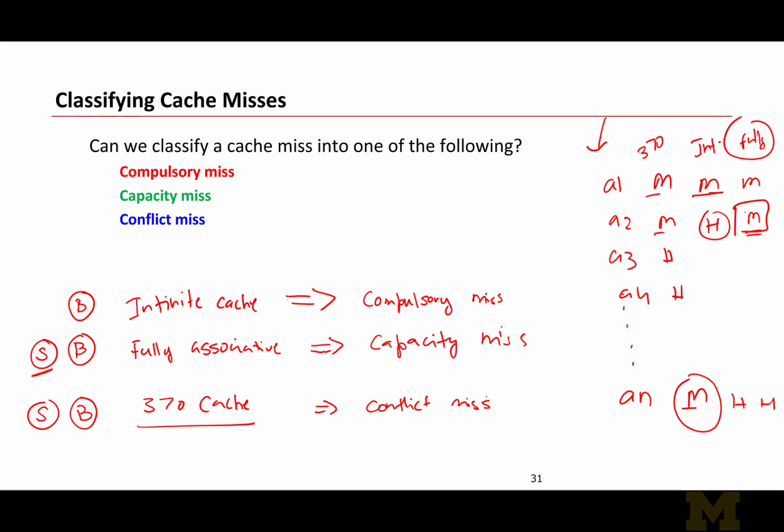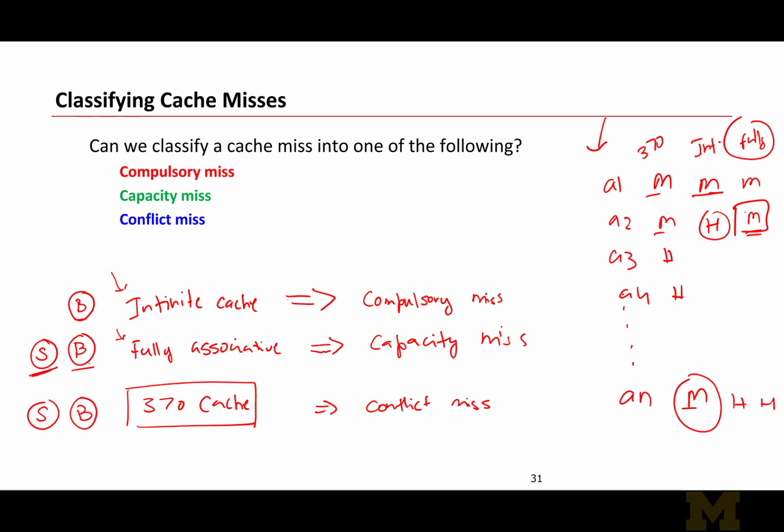So to summarize, to classify the misses observed for a given cache, you need to simulate two other fake caches. One with the infinite capacity but with the same block size. Another which is fully associative but has the same cache size and same block size as your given 370 cache. And then I simulate these 3 caches for the same address pattern.